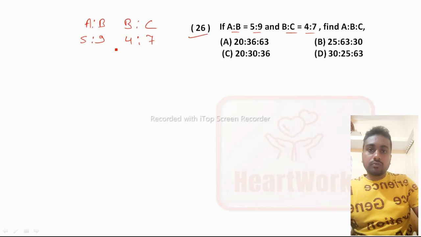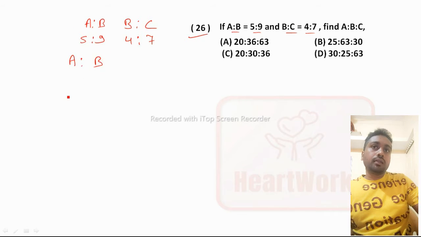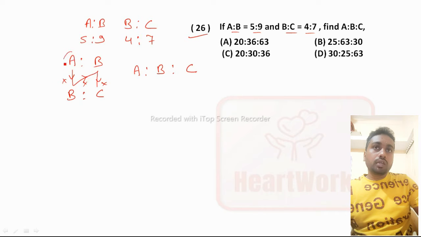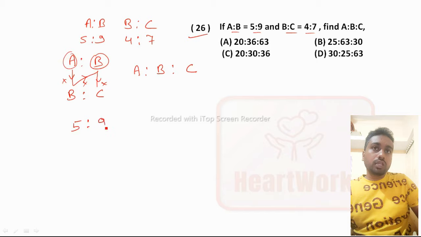Like that the question will be given. Simply you need to write A ratio B and B ratio C, and you have to make the opposite of an N symbol, then go arrow-wise and multiply all the numbers. So you will get A:B:C. Now here we put the values. A:B is 5:9 and B:C is 4:7, as given in the question.